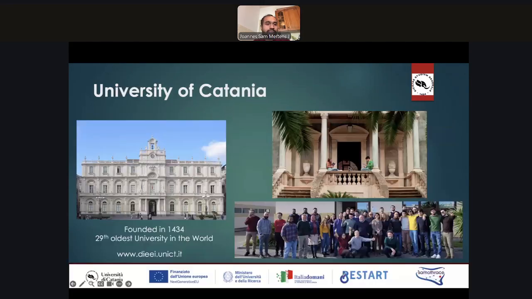The university here is the University of Catania, which is a mega university on the Italian scale. It's also one of the oldest universities in the world, the 29th oldest, founded in the 14th century. You can see our research group here.